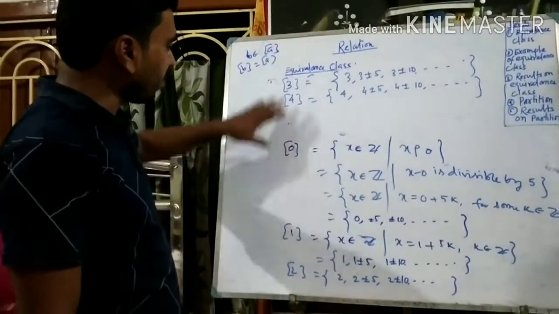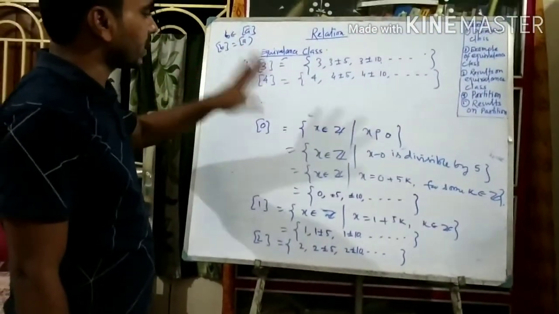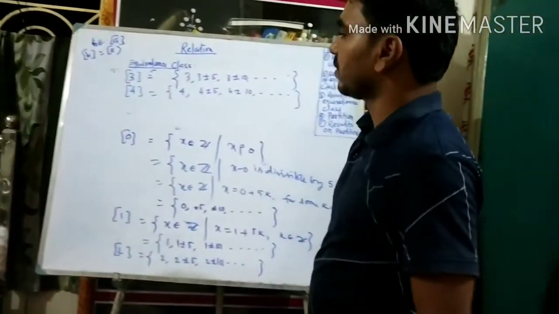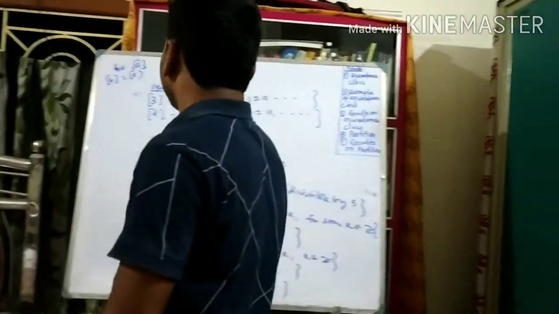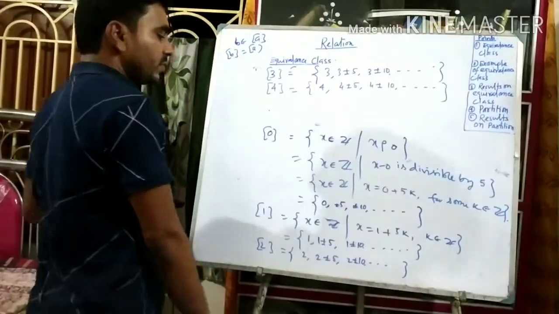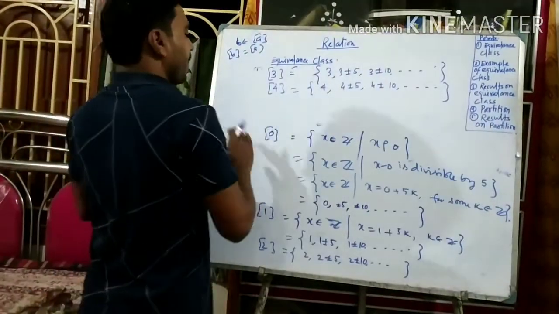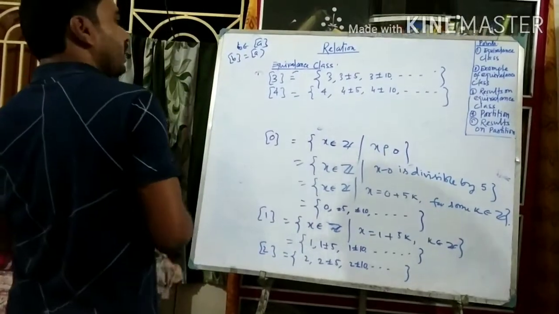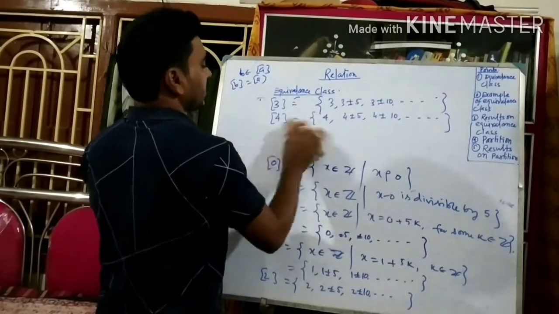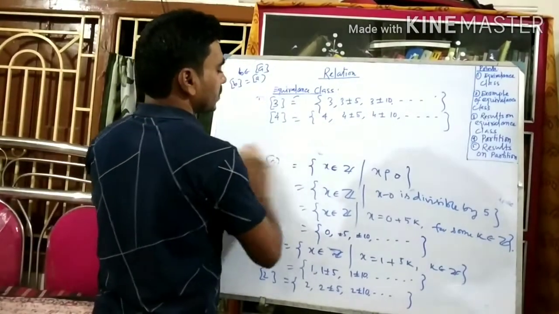So these 5 classes are the only distinct equivalence classes on Z related to this equivalence relation. Okay, so these are examples of equivalence classes. Next.